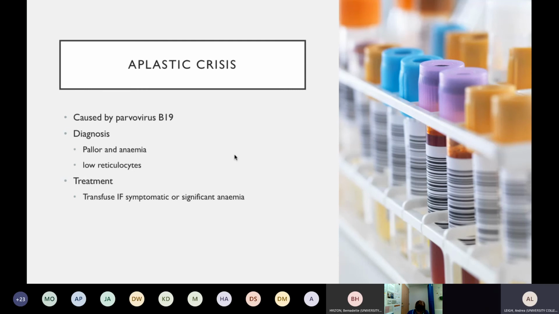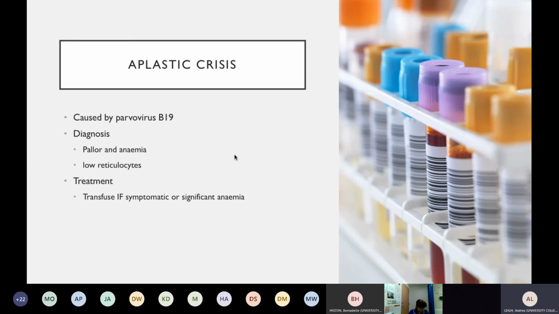Normally your red cells circulate for around 120 days, but in sickle cell they circulate for a much shorter period of time before being broken down, maybe 30 or 40 days. Because of that, your body is producing many more red cells, so you have a high reticulocyte count. For any hemolytic condition, how high your retic count is gives you an idea of the hemolytic rate. In sickle cell, you should have a high reticulocyte count.